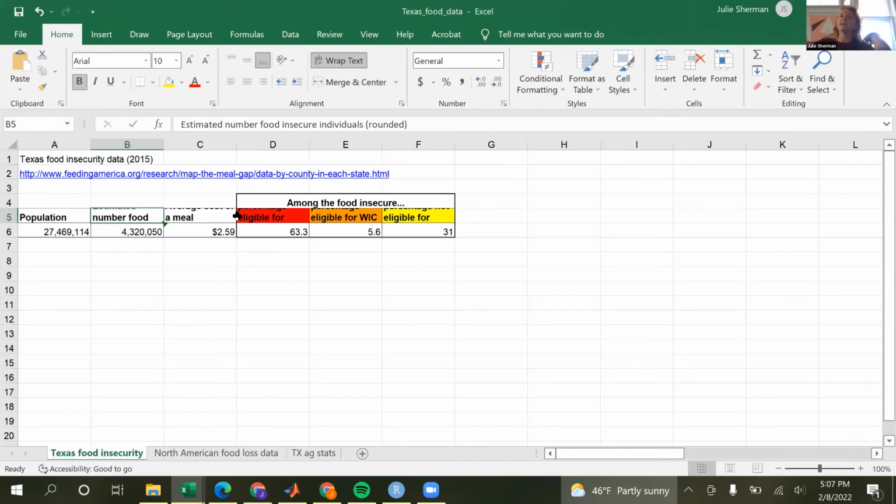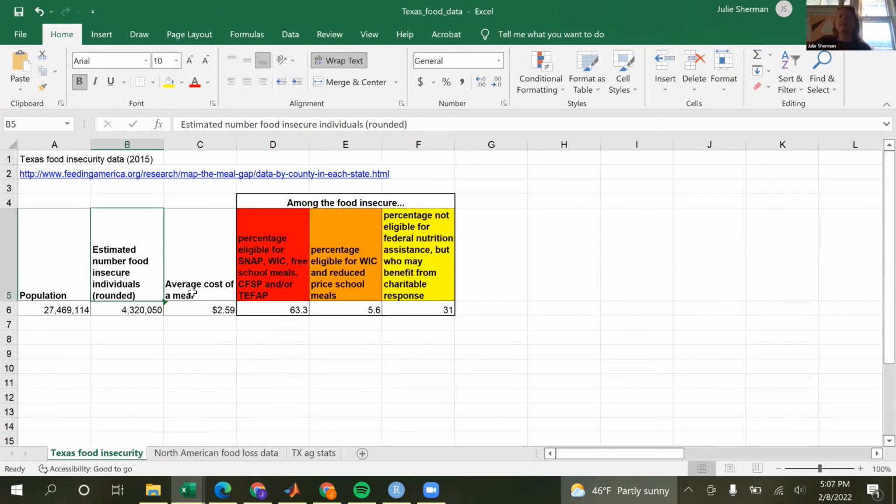As we saw, the first tab has information about food insecurity in Texas. We see that we have a population from 2015 of about 27.5 million people. And of those, 4.3 million of them are considered food insecure.